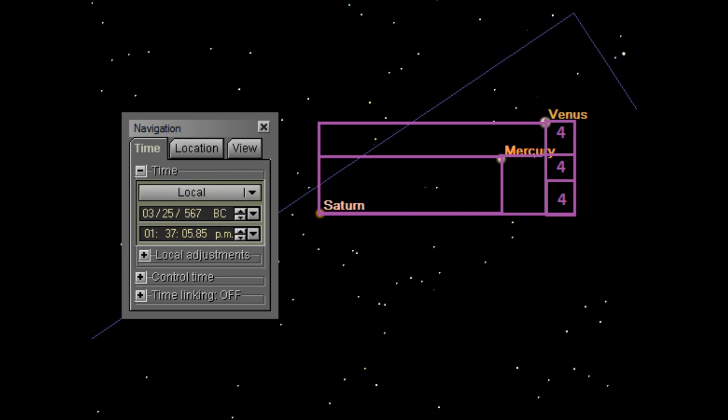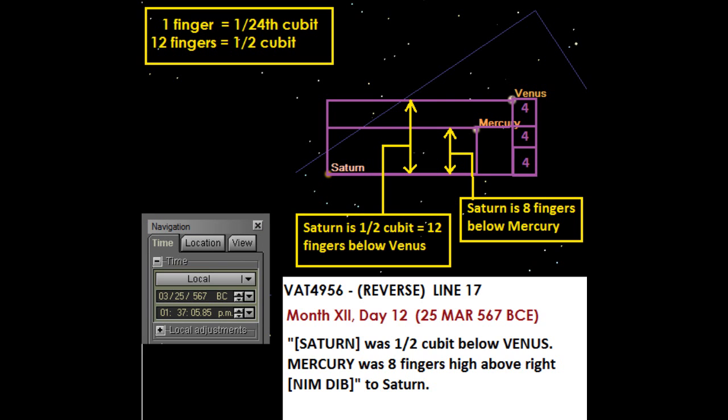Here we go. We measured the distance between Saturn and Venus, which is 1/2 cubit, as the text says. We divided that into 3 parts of 4 fingers each. A half a cubit is 12, and that gives us the relative position of Mercury, being 8 fingers above and to the right of Saturn.